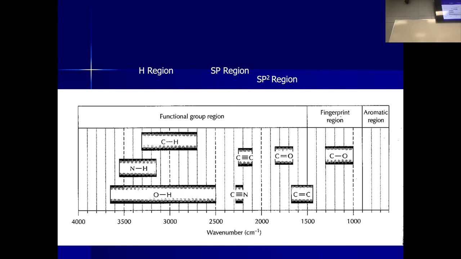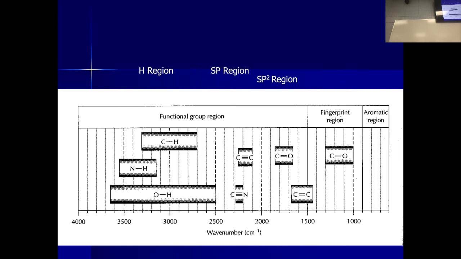What are the steps that I need to take? So I start at 1500, and I'm going to move over how many wave numbers? What looks like the next line I've drawn in there for you? At about 2000. So I've got to move over 500 wave numbers. I'm going to draw another line. If you see some absorbances or some low percent transmittances between 1500 and 2000, you know that those frequencies belong to something that's sp2 hybridized.